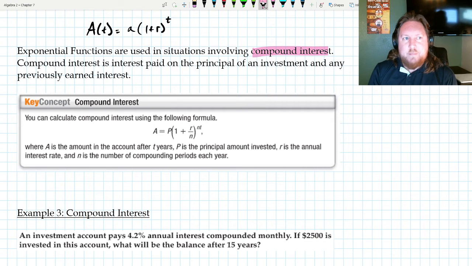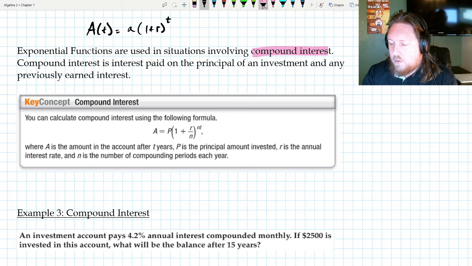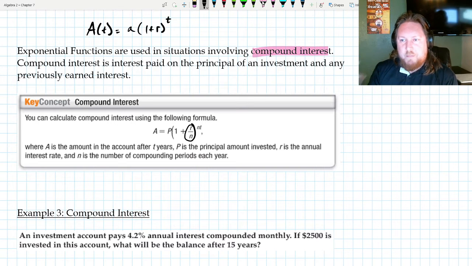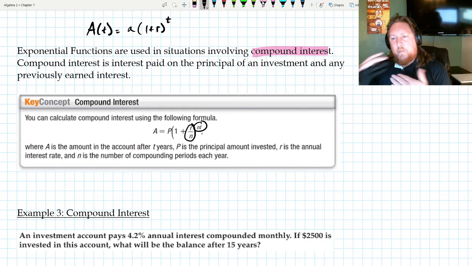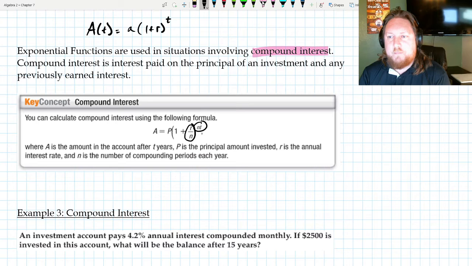And it doesn't happen just one time throughout the year, it happens every time throughout the year. So what you get instead is the rate divided by the number of times it gets compounded, and then you multiply that same number by the exponent as well. And that's the big change here.